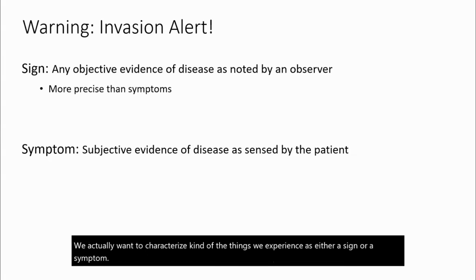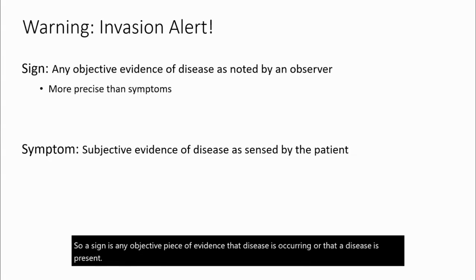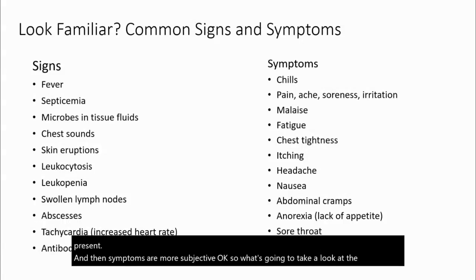A sign is any objective piece of evidence that disease is occurring or that a disease is present. And then symptoms are more subjective. Okay, so let's take a look at the list of some examples. So look at some of these signs.